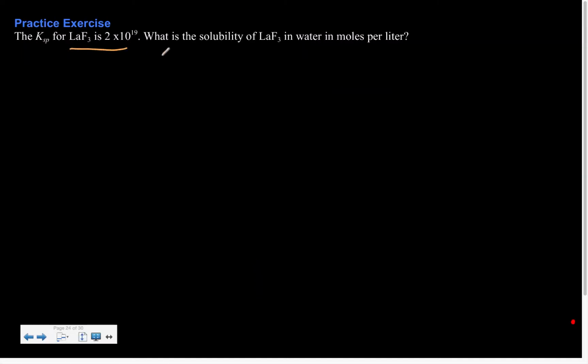Ksp for this is that. What is the solubility? We should start here because that's always a good place to start. And then we're going to form this plus this.